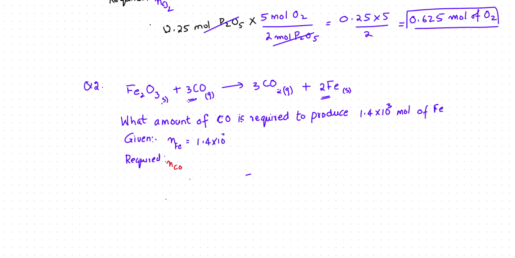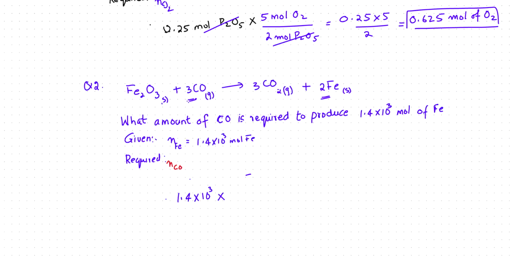And what we have to find? What amount of CO. So the number of moles of CO we have to find. First we write the given amount, 1.4 times 10 to the power 3, times mole ratio. So the mole ratio of carbon monoxide and Fe.